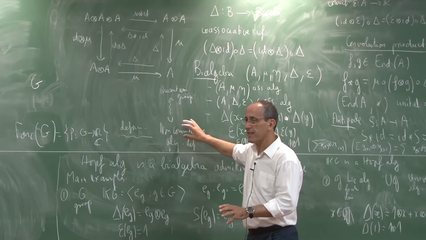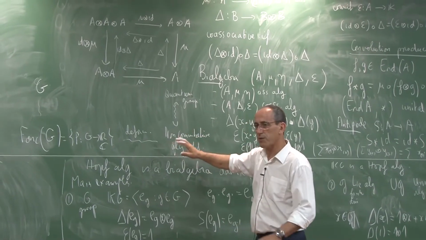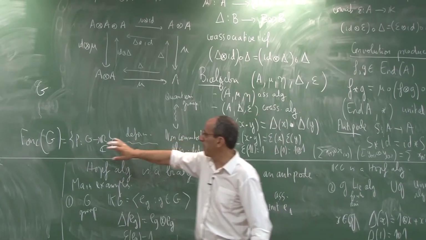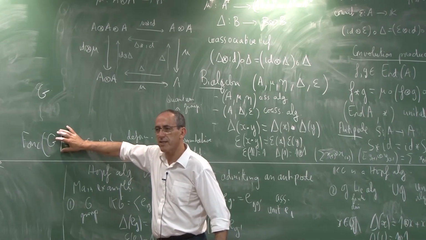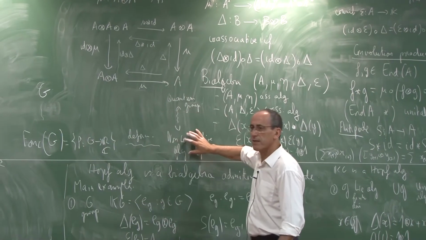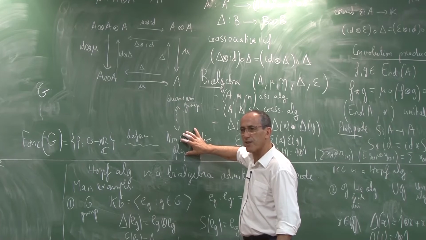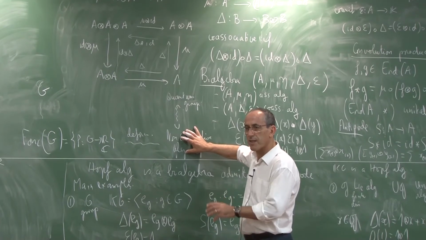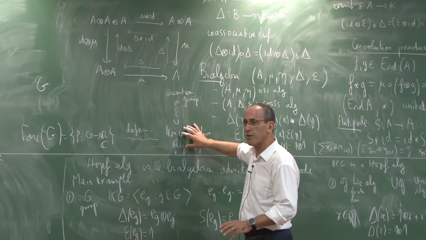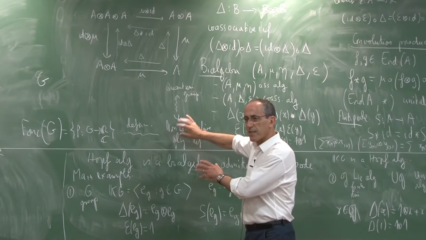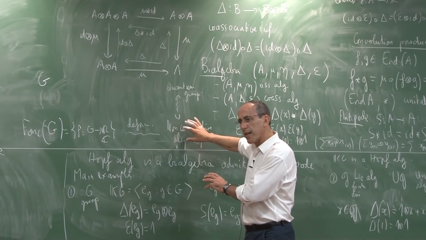Yes. And now, if you want to relate this, here we have the space of functions, and here we have a non-commutative space of functions, because what we get here is non-commutative. Here is the function algebra. It's not related to the universal enveloping algebra here.